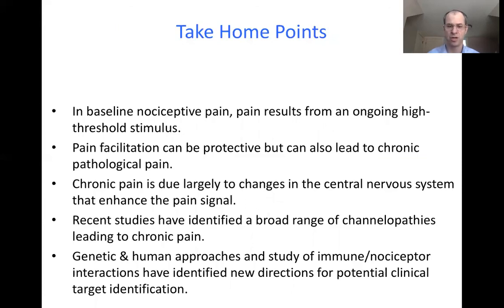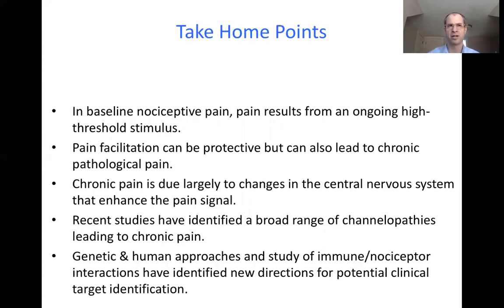Pain facilitation, which is an augmentation of pain, can be protective, but can also lead to chronic pathological pain. Chronic pain is due largely to changes in the central nervous system that enhance the pain signal. And there have been recent studies that have identified a broad range of channelopathies that lead to chronic pain, as I described.